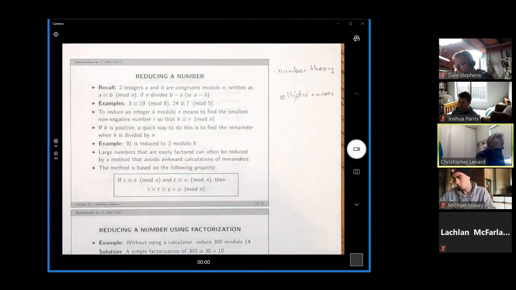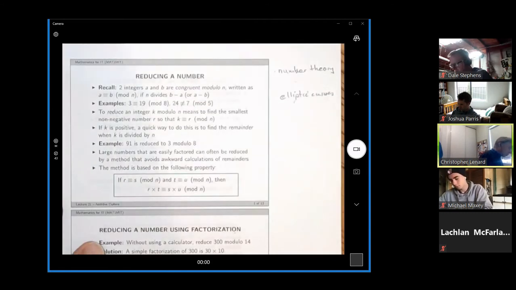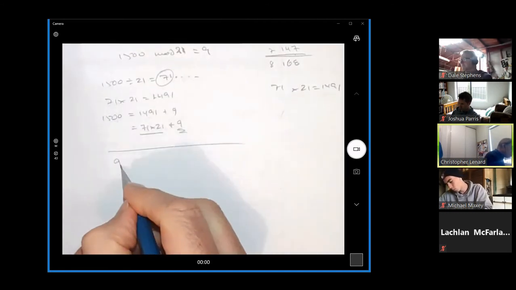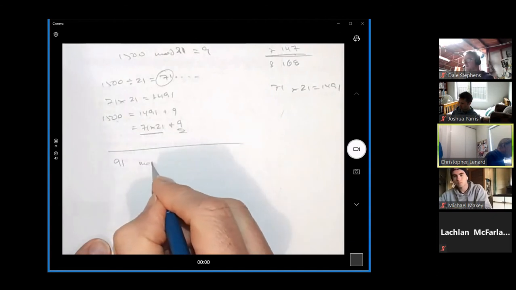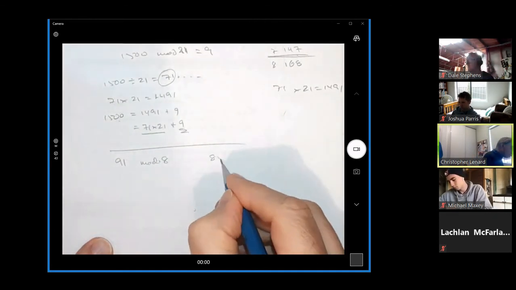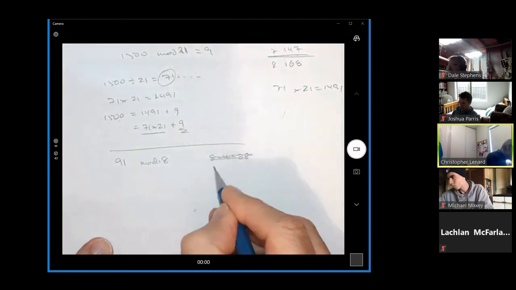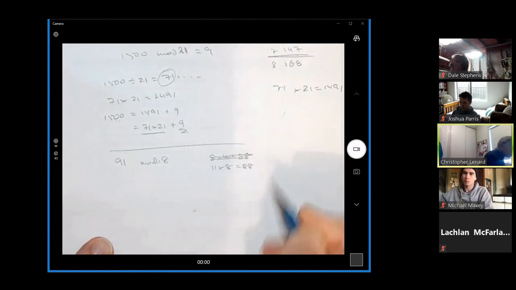Okay, well, there's a couple of ways you can do this. You could, first of all, just sit down and think, modulo 8. So 91, we're looking at mod 8. And if you knew your 8 times table, you think to yourself, well, 8 11s is 88. Doesn't really matter which way around you do it.